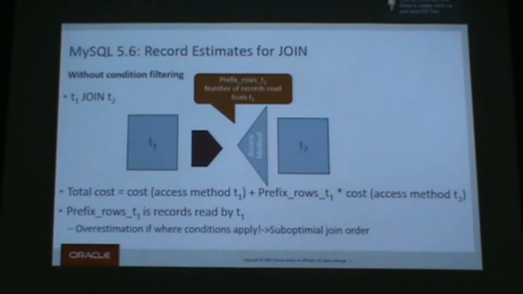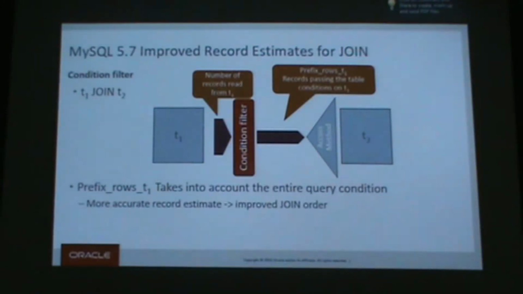Now what is improved and where is the problem? So what if I have a where condition on this first table? The T1 has a lot of where conditions which actually filter out a lot of tuples. Say the first estimation was that I am going to be looking at 10,000 rows, and after applying the where conditions I am actually looking at 50 rows probably.